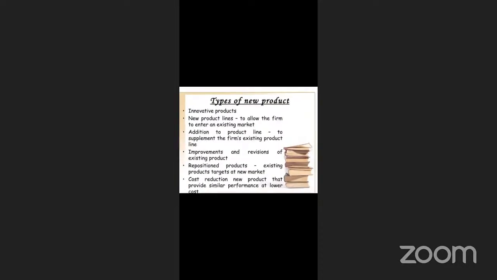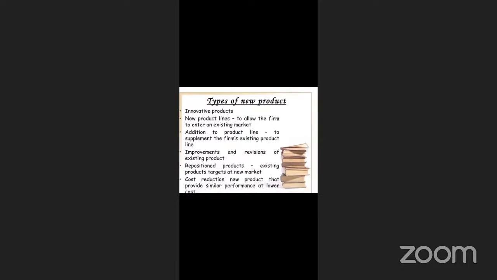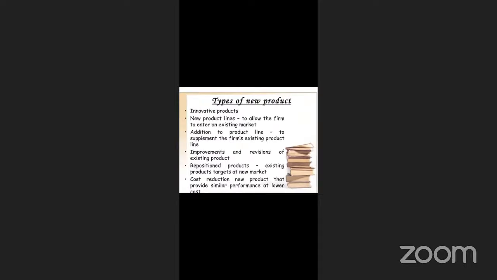So these are different types of new product. One is innovative product. Second is new product lines to allow the firm to enter an existing market. Third is addition to product line to supplement the firm's existing product line. The fourth is improvements and revisions of existing products.